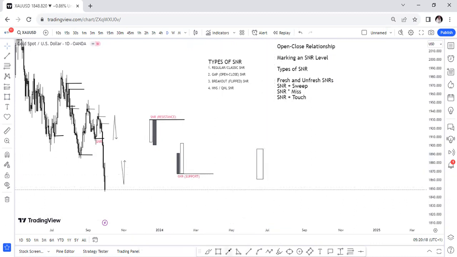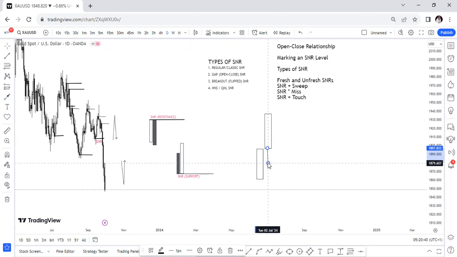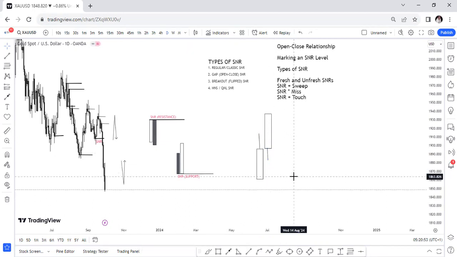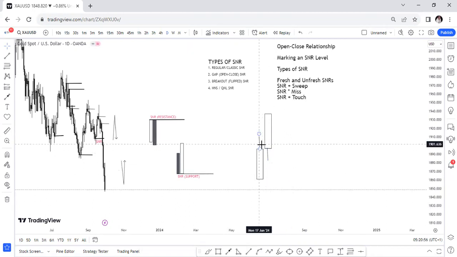When we have two consecutive candlesticks in an upward move, then a candle that traces into the body of the previous candle, something like this, whenever you see something like this, it is a gap level of SNR.